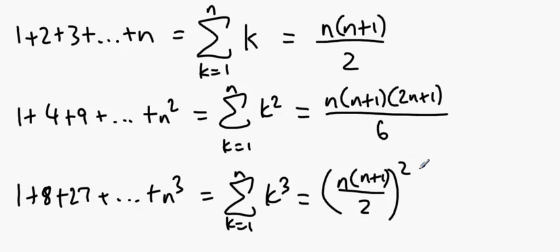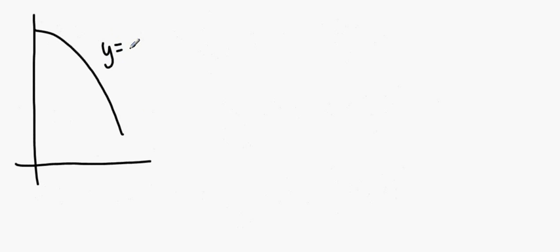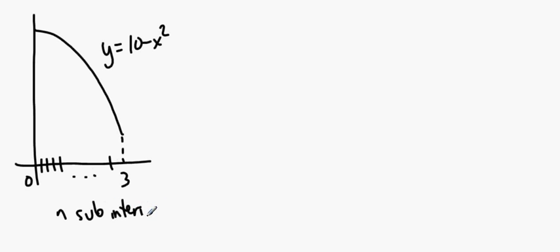Now, why on earth would I want to do this? Well, consider the following. Let's take the area under 10 minus x squared from 0 to 3. And instead of breaking that area up into 3 rectangles or 6 rectangles or 12 rectangles or whatever, what if we broke it up into n subintervals?